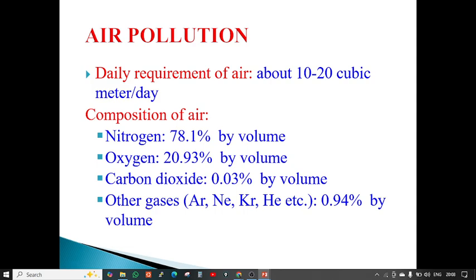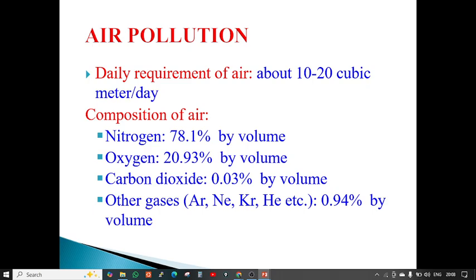In total, we are discussing what air is. Air is a term which describes a mixture of gases: nitrogen, oxygen, carbon dioxide, argon, helium, krypton, xenon, and so on. The majority of our atmosphere contains nitrogen gas, which is 78.1% by volume.